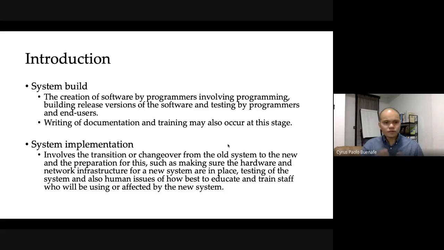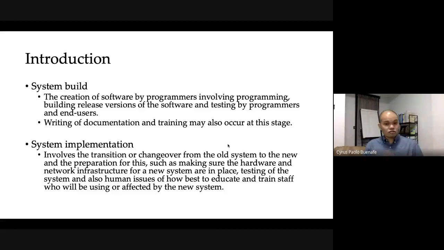You also have to consider the preparation, making sure that the hardware and the network infrastructure are in place, testing the system as a whole. So you're not only testing the software, you're testing everything as well. Also, considering human issues: will there be resistance to the use of the system?